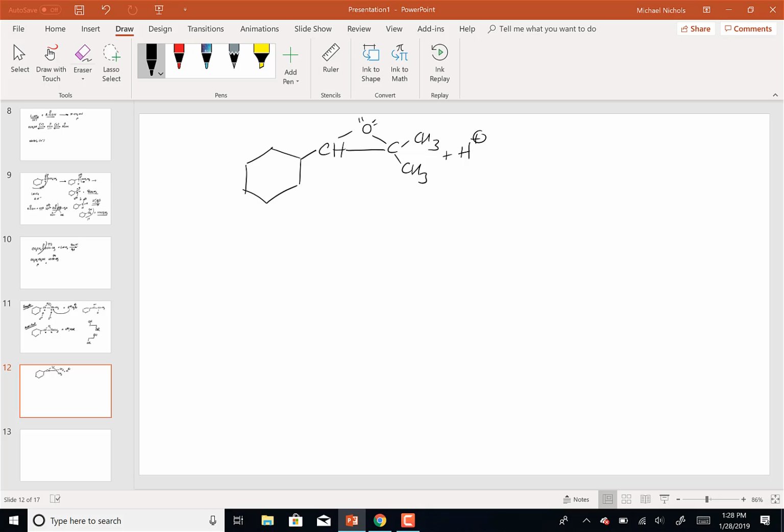Protonate what? Protonate the oxygen. Whenever we have an oxygen-containing compound and we add H plus to it, what should we do? Protonate the oxygen. I've said that probably more than 20 times this year, which is okay because that's what you do. So I'm going to protonate the oxygen.